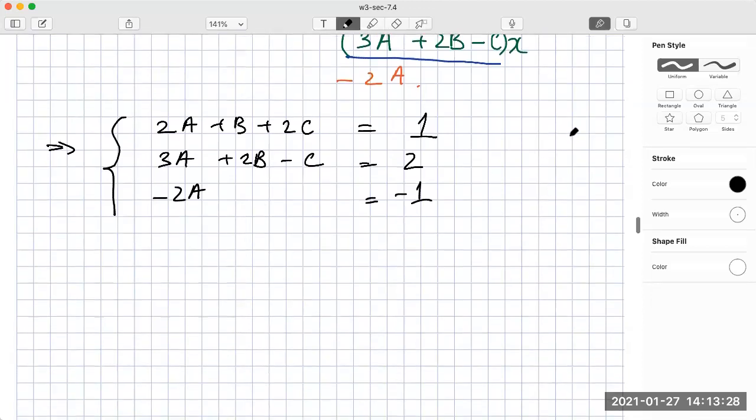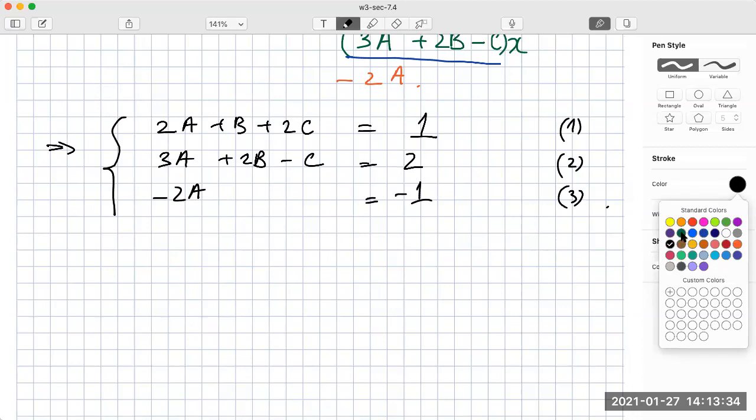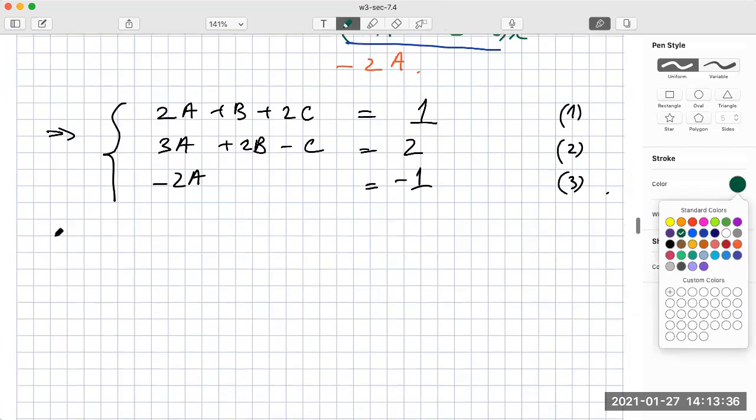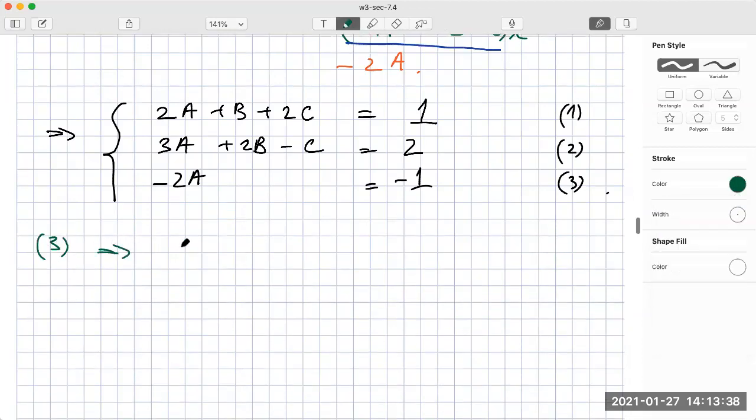Let us call them 1, 2, 3 here, right? So first, in the third equation here, what do we have? A is equal to negative 1 over negative 2, which is 1/2. Very good.